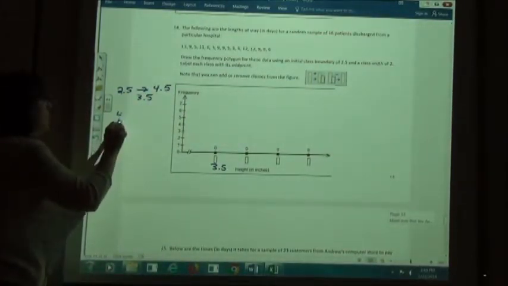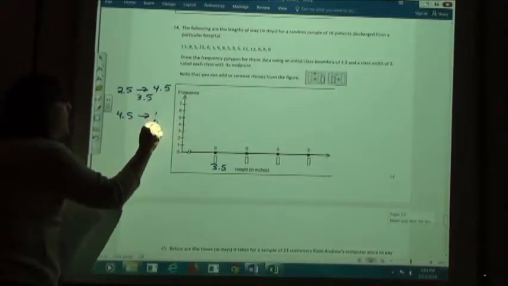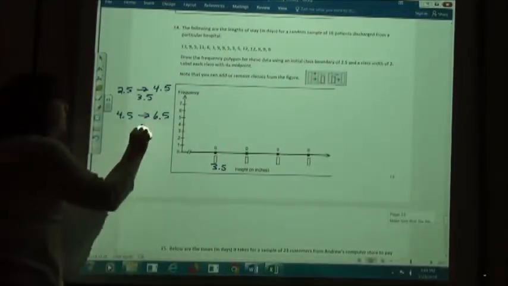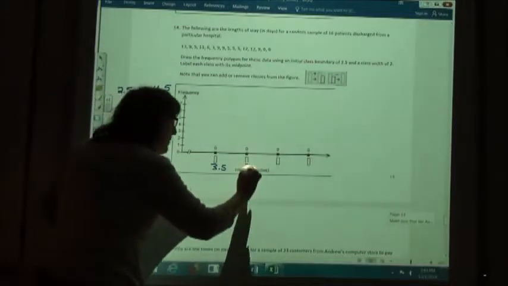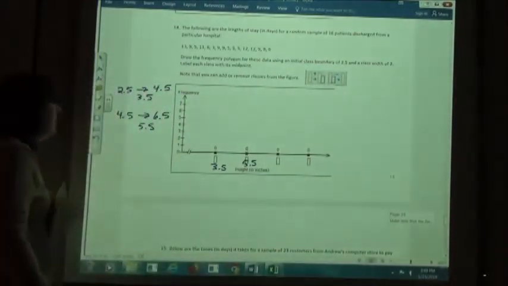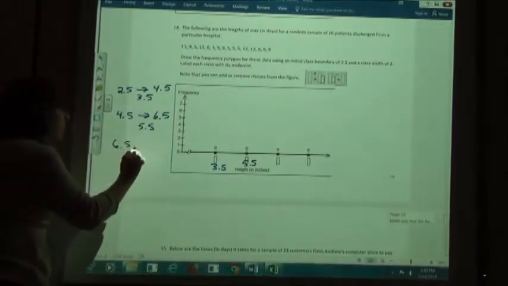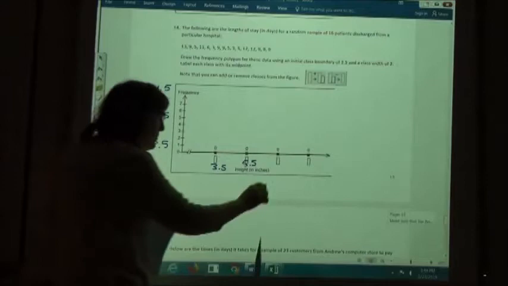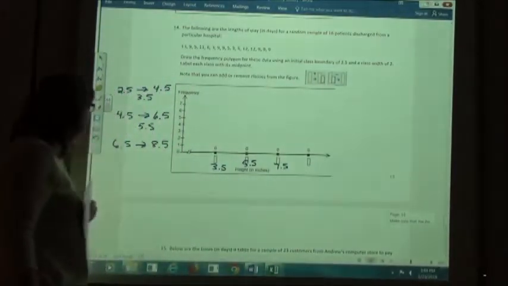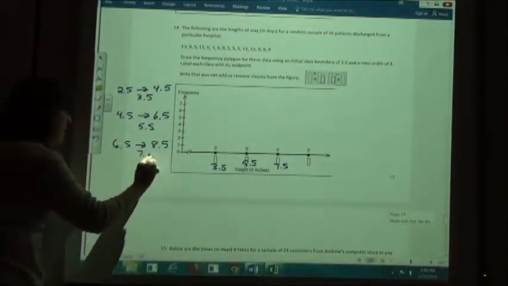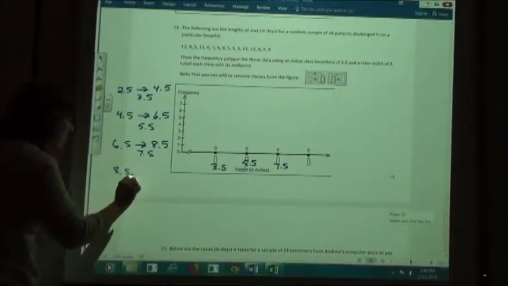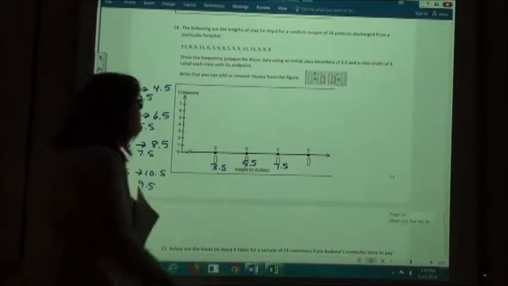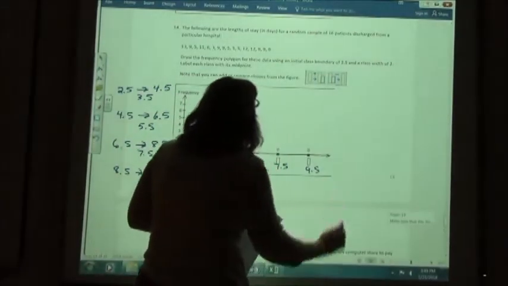Our next section goes from 4.5. Adding 2 to that would be 6.5. Halfway between there would be 5.5. Our next section would be from 6.5 to 8.5. Halfway between there, 7.5. Our next section would be from 8.5 to 10.5. I have to figure out where my end is.